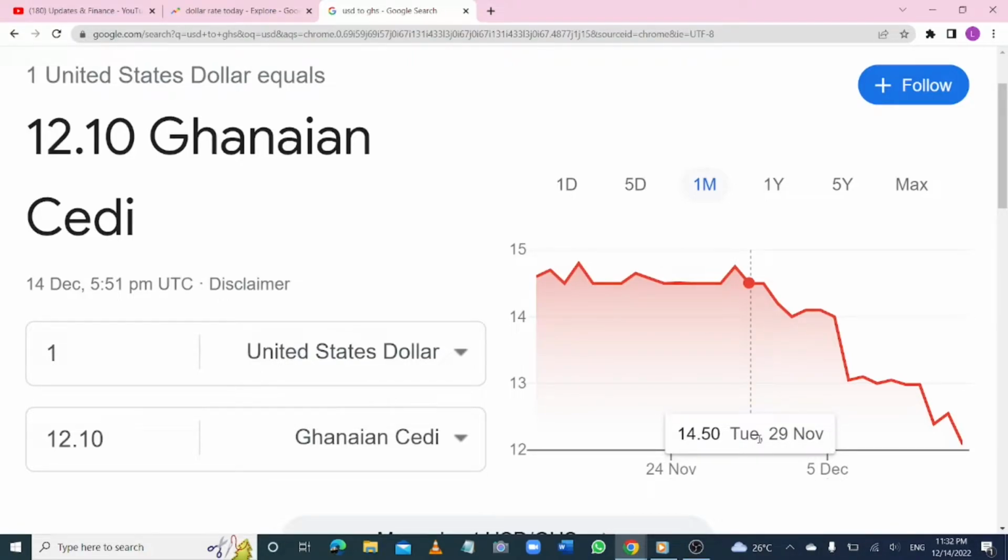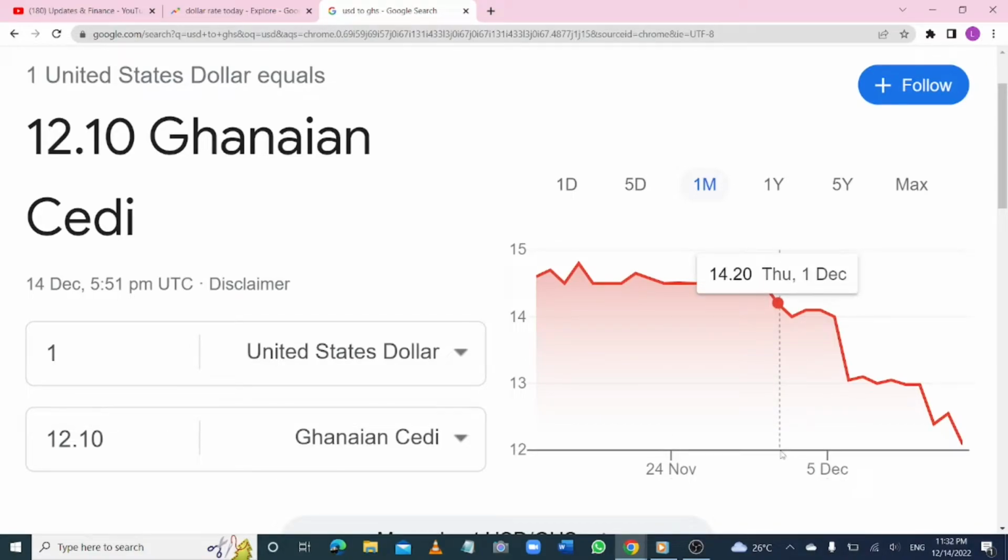That was when the cedi became strong, the dollar was falling and the cedi was rising. On the 30th of November, the cedi was at 14 cedis and 50 pesewas to $1.